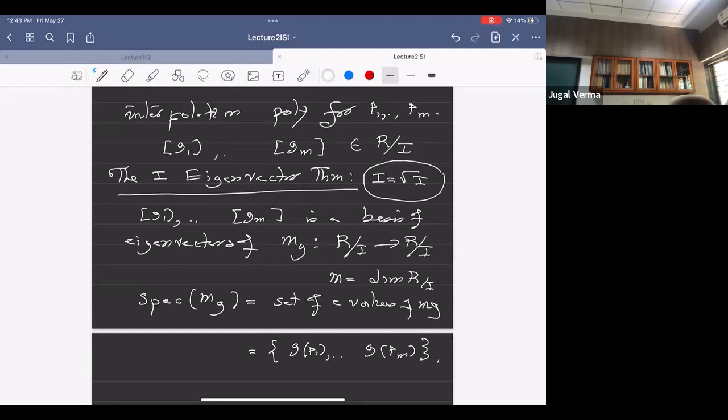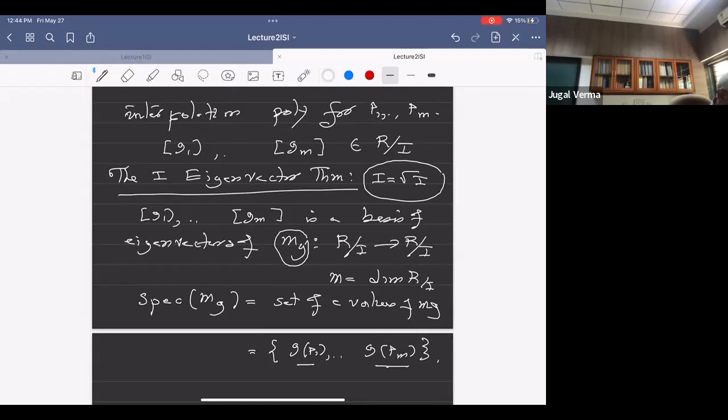So I'm taking the linear transformation induced by g. g has some values at these points. These complex numbers, g(p1), g(p2), ..., g(pm), are precisely the set of eigenvalues of the multiplication operator Mg on R mod I. I'll explain in a minute why this is useful in computing the solutions, just as in the one variable case, where the roots of the polynomial are the eigenvalues of the companion matrix.